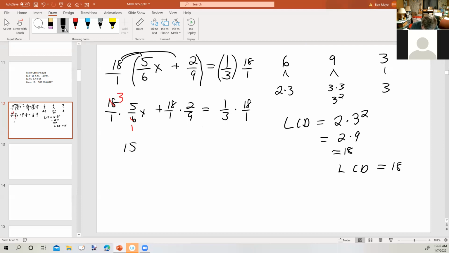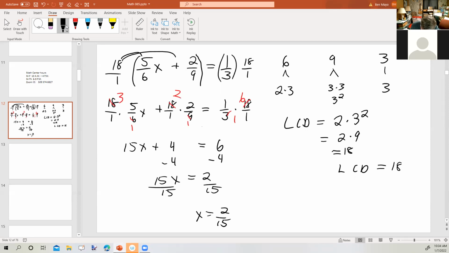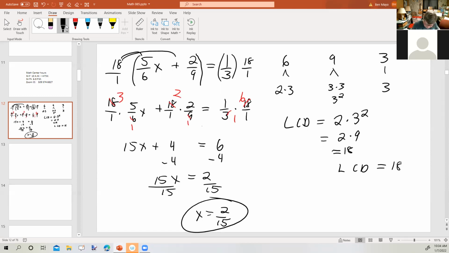So we get 15x plus 18 over 9 is 2 over 1. So plus 4 equals 18 over 3 is 6 over 1 equals 6. So we found the least common denominator by starting with the prime factorization of each denominator. We cleared the fractions. Now, going on and solving the equation, 15x equals 2, divide by 15, x equals 2/15.